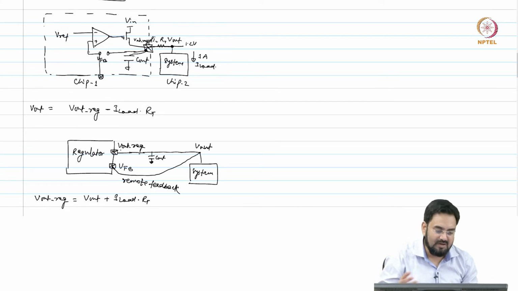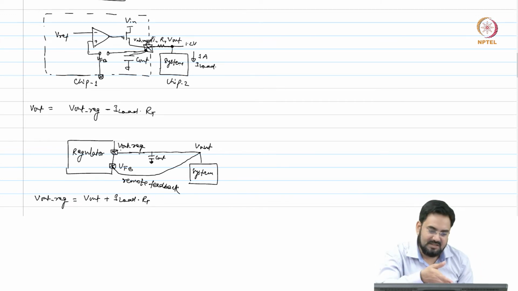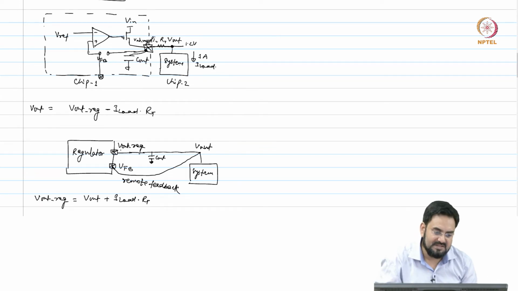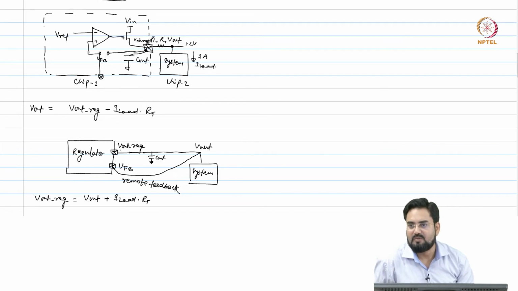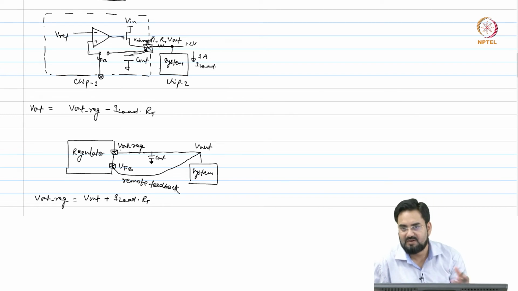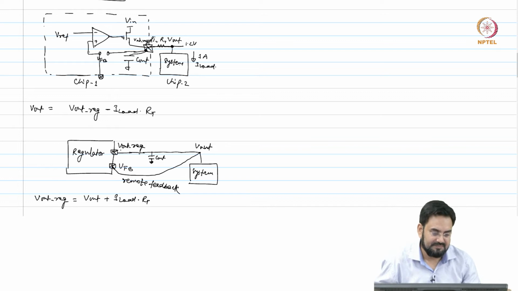So, overall it may not affect efficiency much if you consider both cases. In one case you are gaining from your system, in the other case you slightly gain from your dropout voltage. I square R loss is in both cases, because the resistor is there and current is flowing. So, whether you do it or not, your I square R losses will remain.